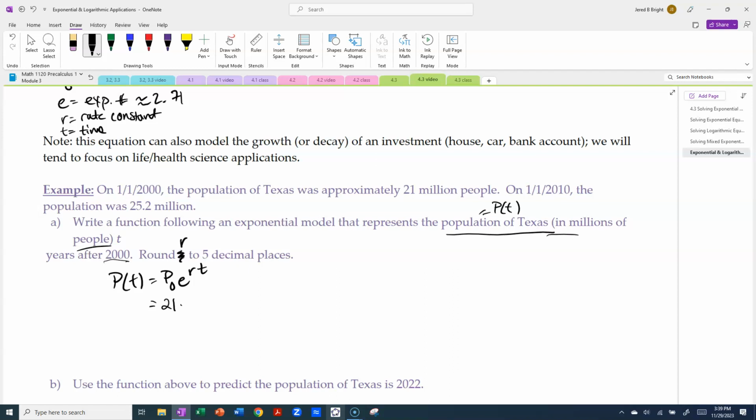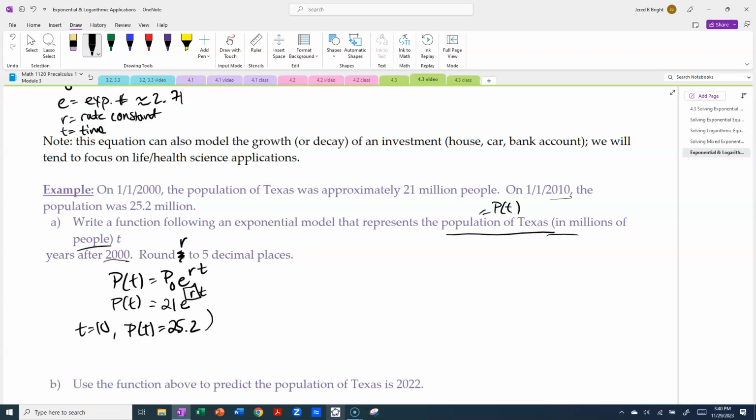Okay, so we have 21e to the RT is equal to P of t. When we talk about writing a function to model this, I also need to figure out what R is. And that's where I might be stumped a little bit. But I have to recognize there's some information I haven't used. This 10 years later. So when t is 10, P of t is equal to 25.2.